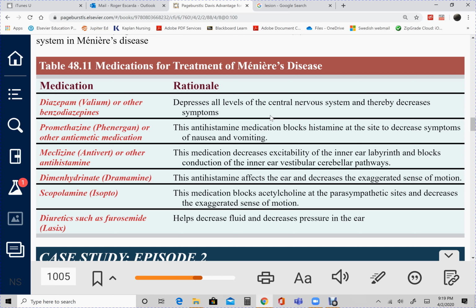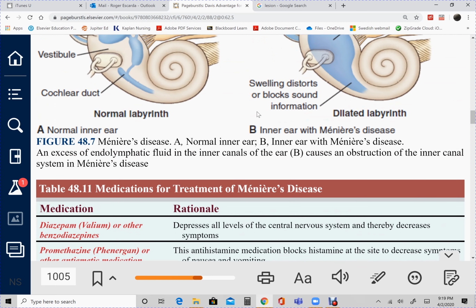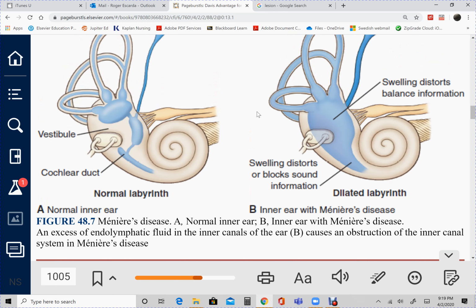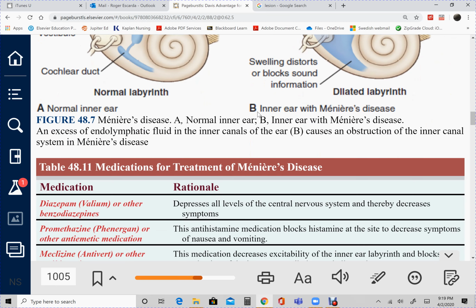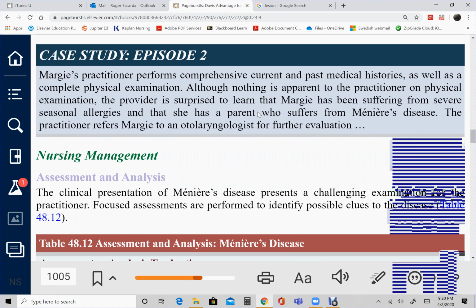I forgot to mention, there are activities that increase intraocular pressure, which are the same activities that will increase intracranial pressure, since the ears are in the same head. So those activities should also be avoided here in ear disorders, especially post-op, because you don't want to increase pressure in there.